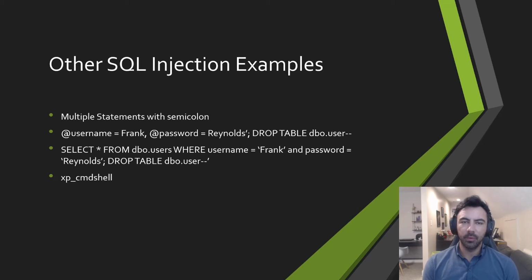So that was a somewhat basic example, but once we know the vulnerability is there, we can really kind of take it and run. A lot of database servers allow for multiple statements to be run if they're separated by a semicolon. So here I've altered our example from the previous slide to include a semicolon and then just go ahead and drop the table DBO users.